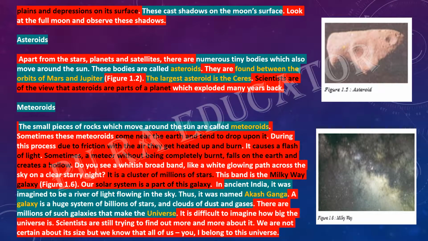Friends, now we'll see the asteroids. Apart from stars, planets and satellites, there are numerous tiny bodies which also move around the Sun. They are known as asteroids. They are found between Mars and Jupiter.